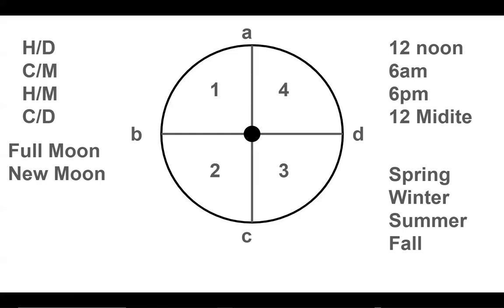So if the new moon is C and corresponds to the point between spring and summer, the full moon is what, Mr. Mike? Corresponds to what letter?